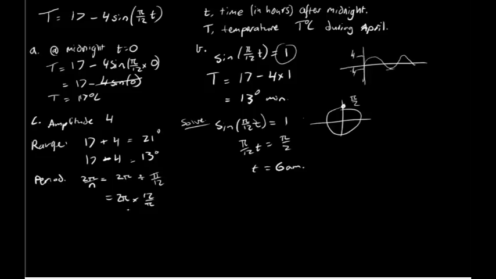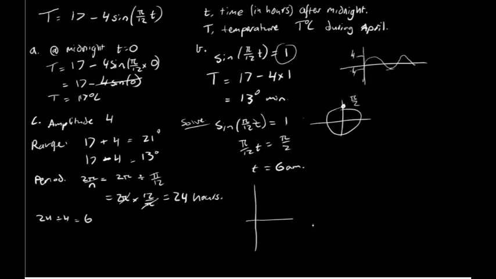Flip and multiply, so the pi's cancel and we get 24, which makes sense because we've got 24 hours in a day. So that's quite handy. We're going to have one full oscillation during the 24-hour period, dividing 24 into 4 equal parts, so every 6 hours we're going to oscillate.